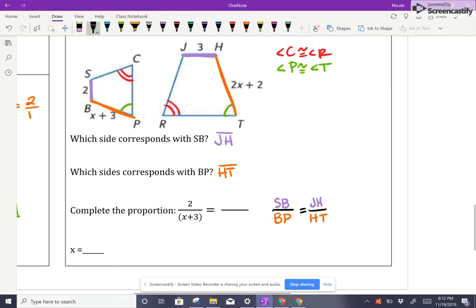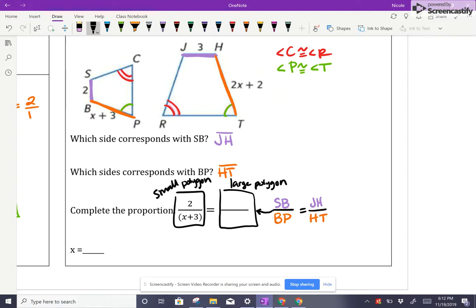So we have SB, which is 2, over BP, which is x plus 3, everything from the small polygon. And then everything from the large polygon goes here: JH, which is 3, and HT, which says 2x plus 2.